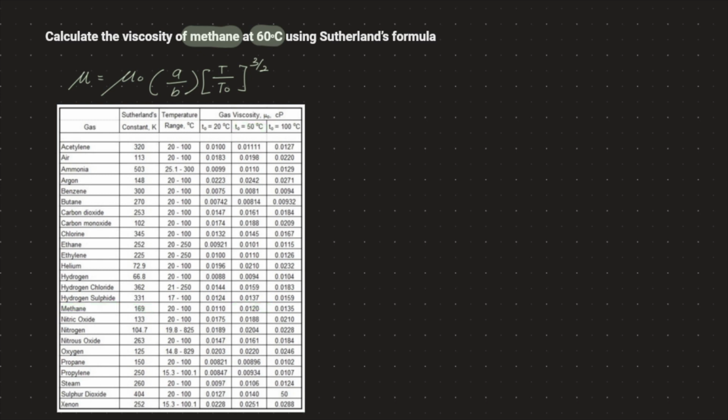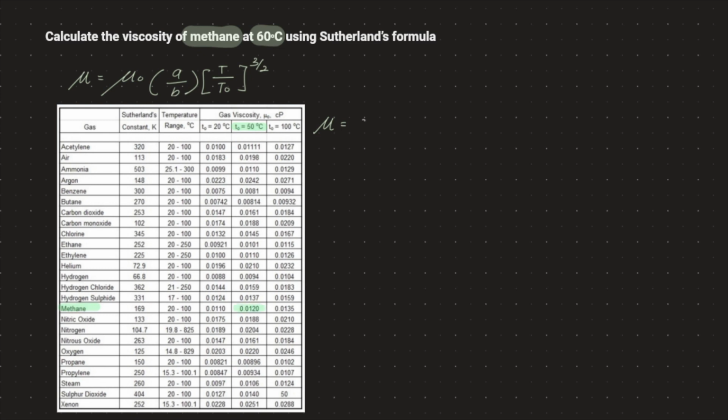Now we are going to calculate the viscosity, which is equivalent to the viscosity naught, the reference viscosity. The reference viscosity, we look upon the nearest temperature. So the nearest temperature is 50 degrees Celsius and we are going to look at methane. So this will be the value.